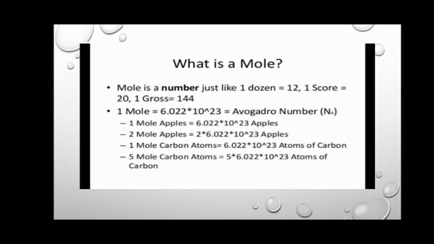If I say 2 moles of apples, then this 2 I will multiply by the Avogadro number. If we say 1 mole of carbon atoms, it means 6.022 multiply 10 to the power 23 atoms of carbon. And if we say 5 moles of carbon atoms, of course 5 is multiplied by this number which we call the Avogadro number also.